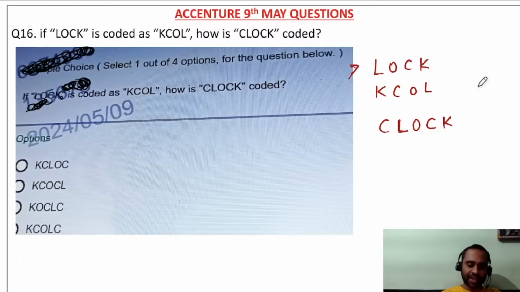It is very simple here, right? There is no problem at all.